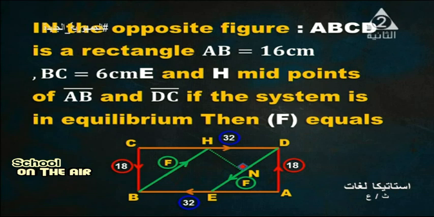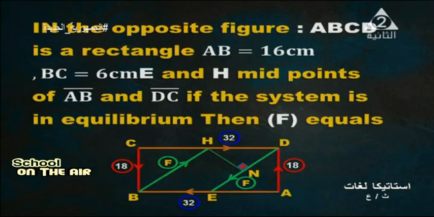Anticlockwise is positive, as the 18 and 18 forces, but the 32 and 32 are in the negative direction because the direction is clockwise. Also, the forces F and F form a couple and its direction is negative.